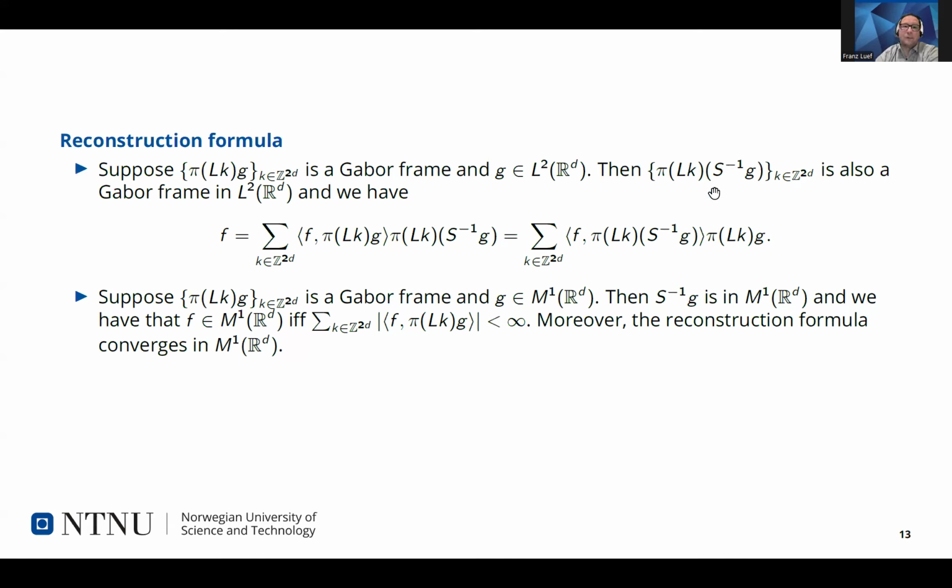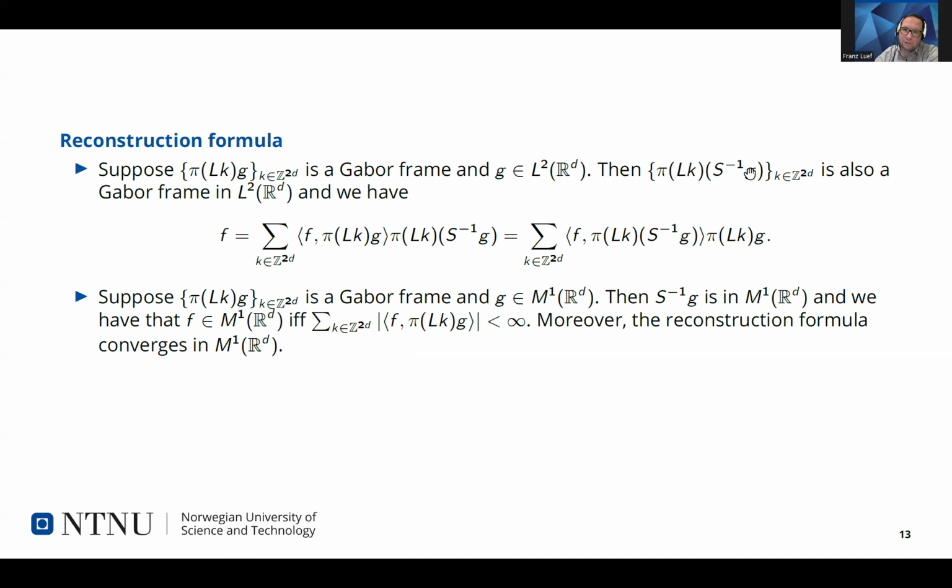And this frame condition, the lower bound A, guarantees that this operator is invertible. So this makes sense. And you can also show that this frame operator commutes with this system π of (l,k), these operators.